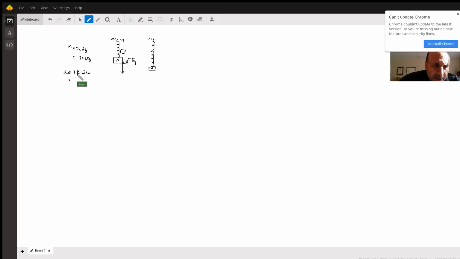So divided by 100, I get 0.182 meter. So that distance d here is your 0.182 meter that you outstretched from position 1 to position 2. Something like that. Just want to make this visibly clear what we're trying to do. So this is your equilibrium point right here.